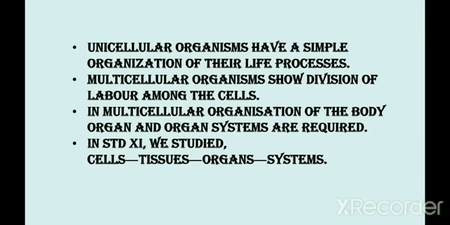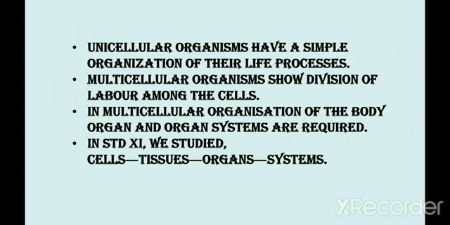We know that there are two types of individuals, unicellular and multicellular. Unicellular organisms have simple organization of their life processes. That means only a single cell performs all the functions of the body. But in multicellular organisms, you will find they show division of labor among the cells.